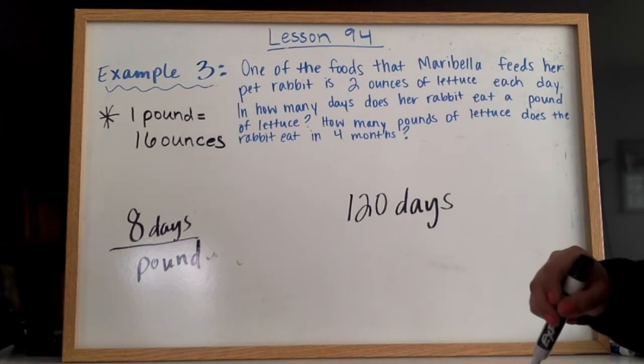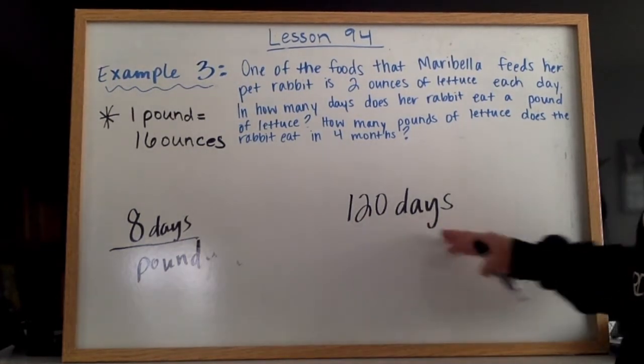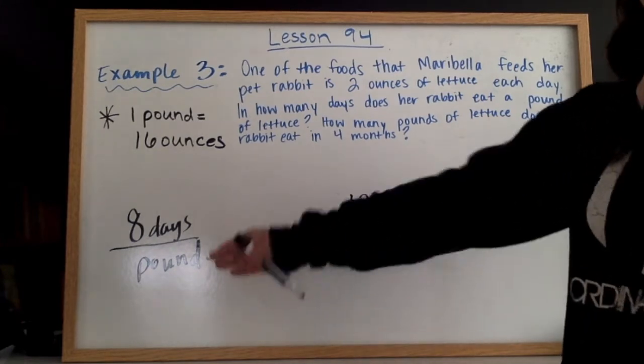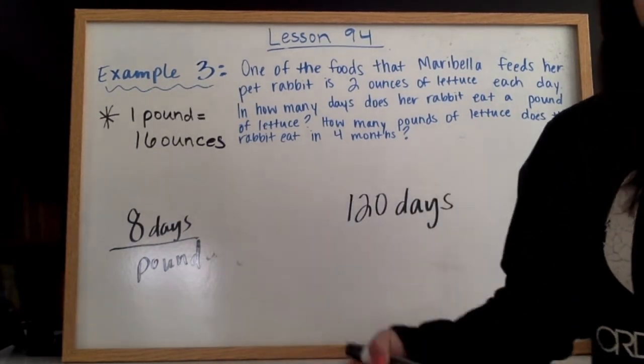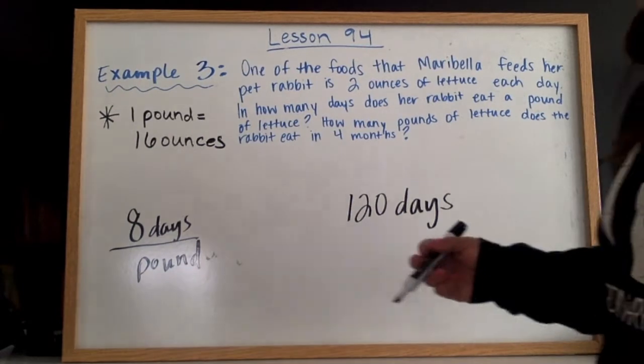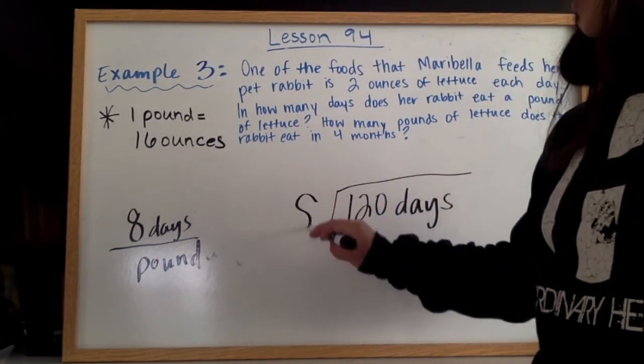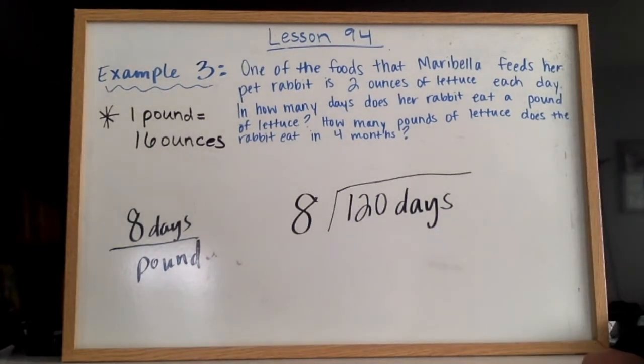Okay. So if we have 120 days, there's going to be more pounds eaten than there was in just 8 days. So I'm going to take 120 divided by 8.